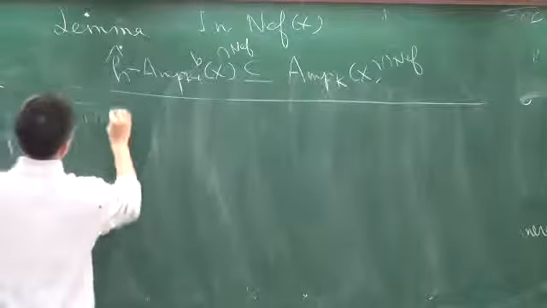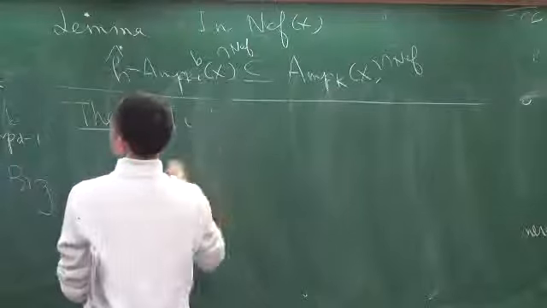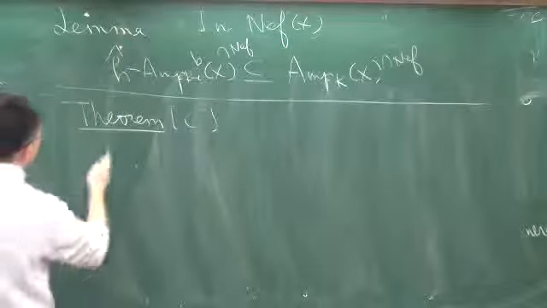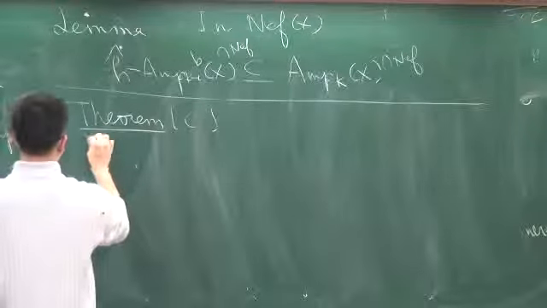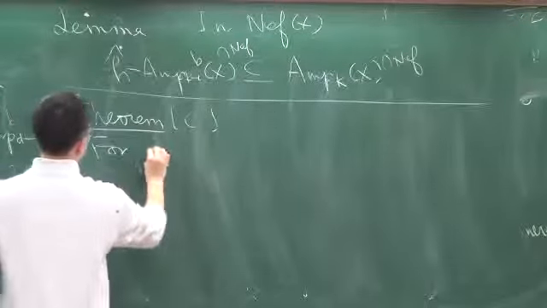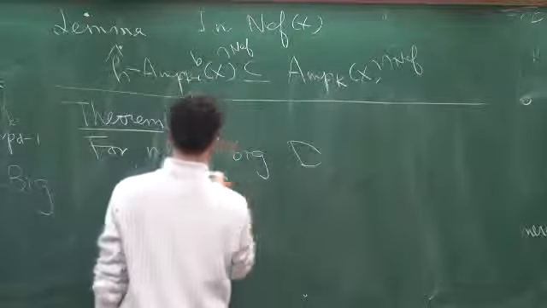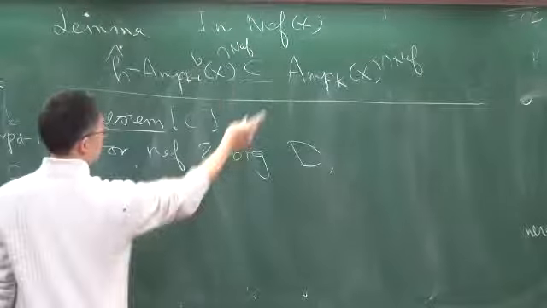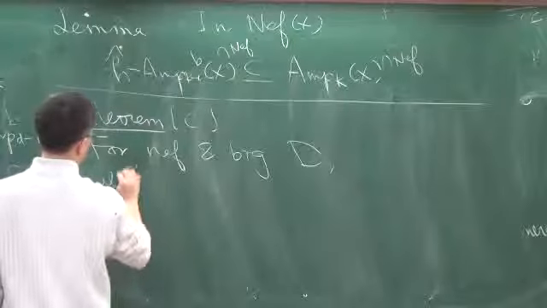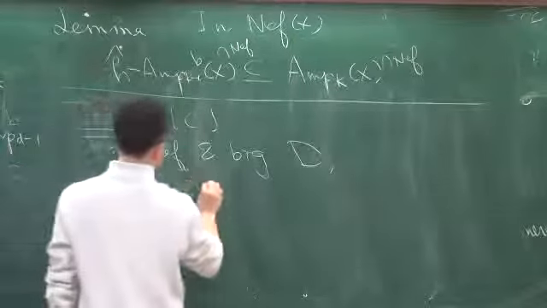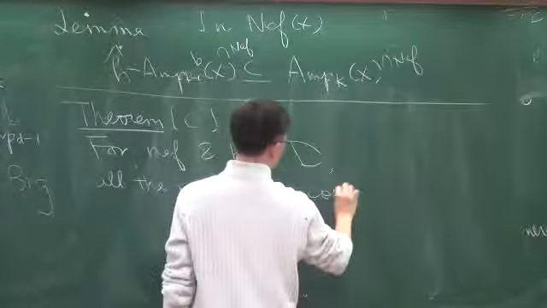Okay, so this is the first theorem of mine. Okay, see. So I already announced the main result, but for nef and big divisor D, all the three notions coincide, or the K amplitudes coincide.